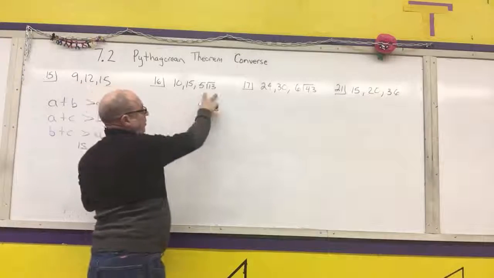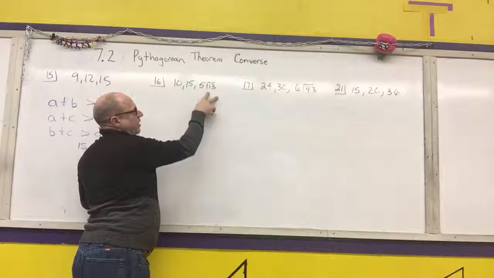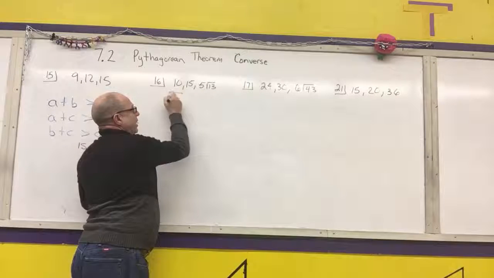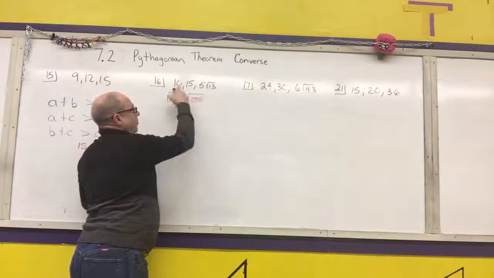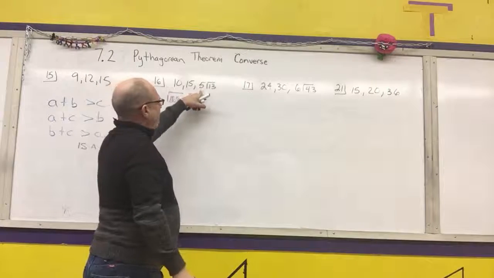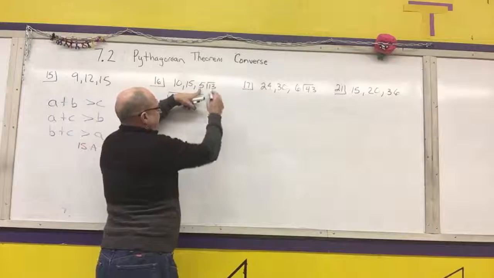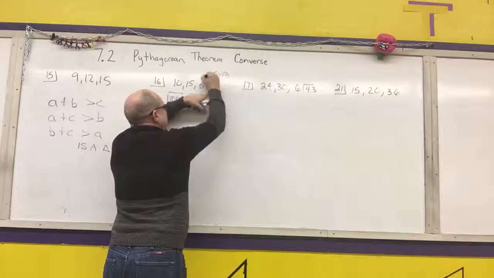What I'm going to do here is square everything in here so that I can work on this, because I don't know which one's the longest side right now. So 10 squared is 100. 15 squared is 225. 5 root 13 squared would be 5 squared, which is 25, times 13.